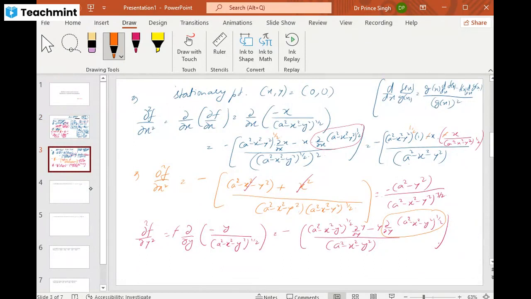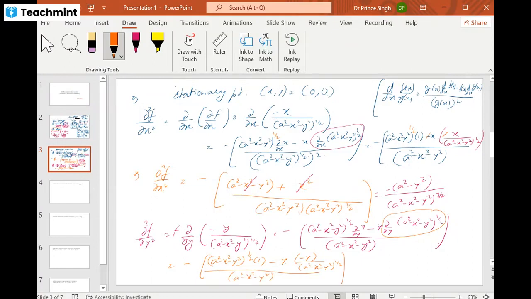So if I substitute this value here, this is minus of (a² − x² − y²)^(1/2) into the derivative, which is 1 minus y times (−y) upon (a² − x² − y²)^(1/2), whole divided by (a² − x² − y²).